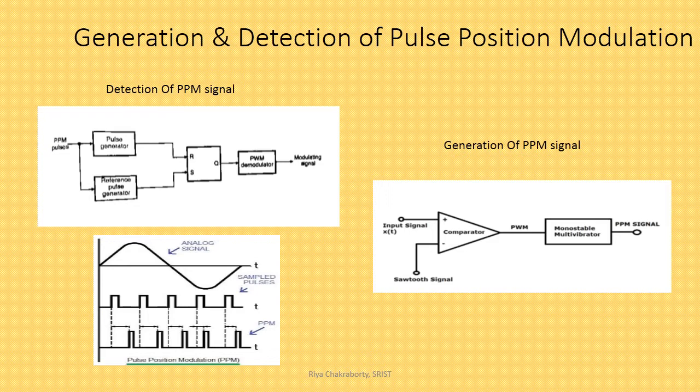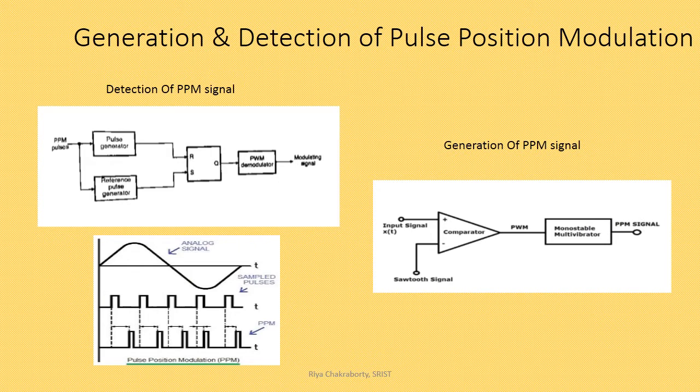Hence, corresponding to each trailing edge of the PWM signal, the monostable output goes high. It remains high for a fixed time decided by its own RC components. Thus, as the trailing edge of the PWM signal keeps shifting in proportion with the modulating signal x(t), the PPM pulses also keep shifting.